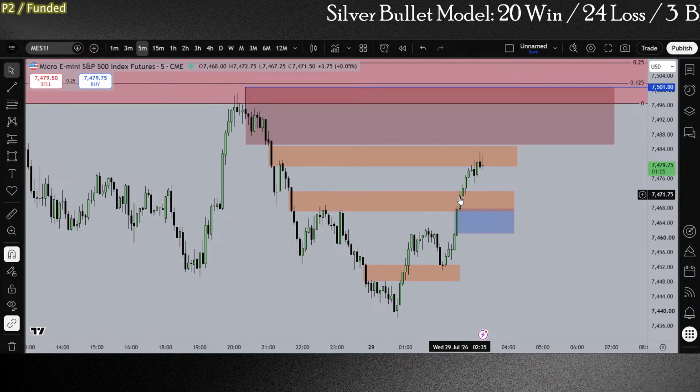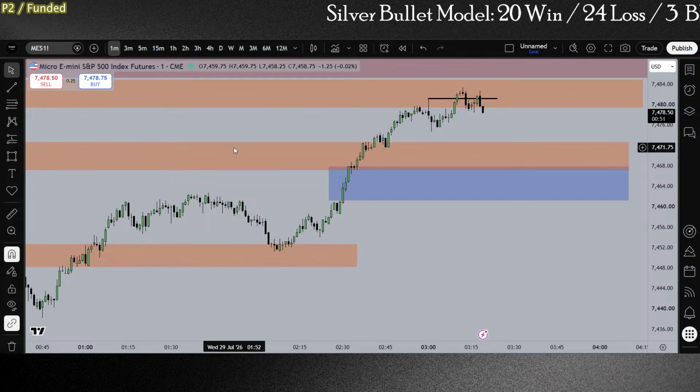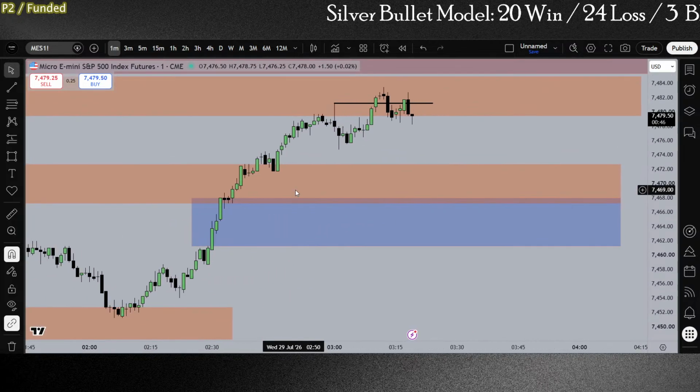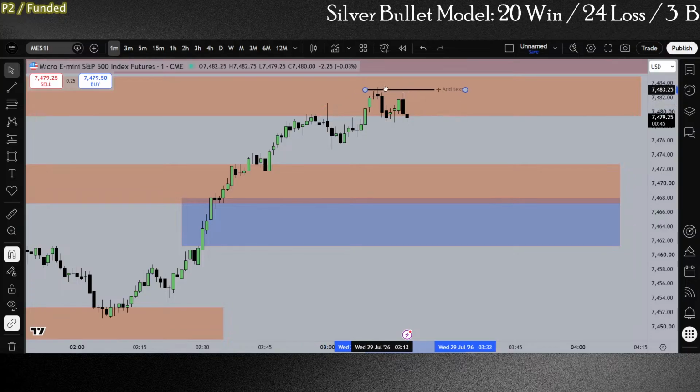But I guess that's like the measuring point, how we respect those two inefficiencies here. And they should be really, really well respected, I believe. If it's continuously bullish, that's what I would expect, though.